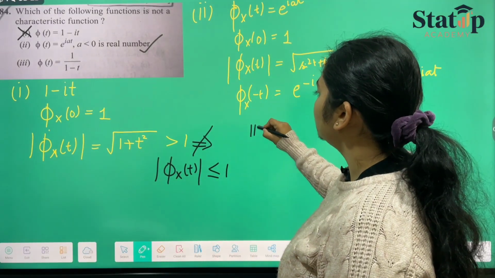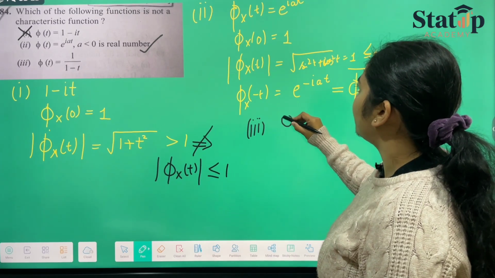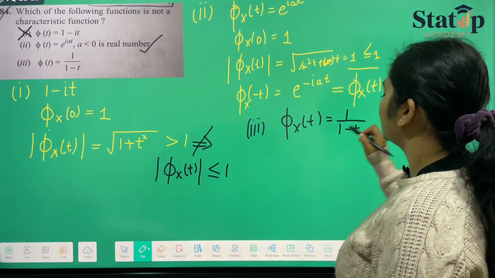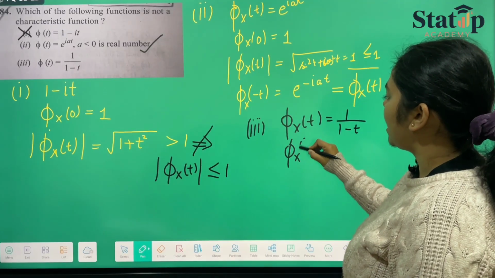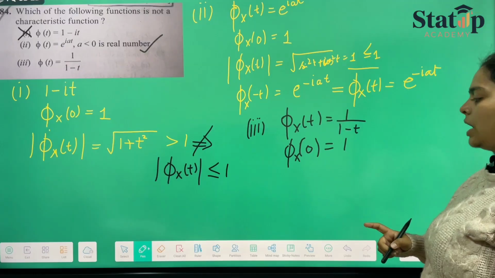Now if we talk about the third function, phi x t equals 1 upon 1 minus it. If we take t as 0, then it will be 1 upon 1 minus 0, which is 1. The first condition is satisfied.